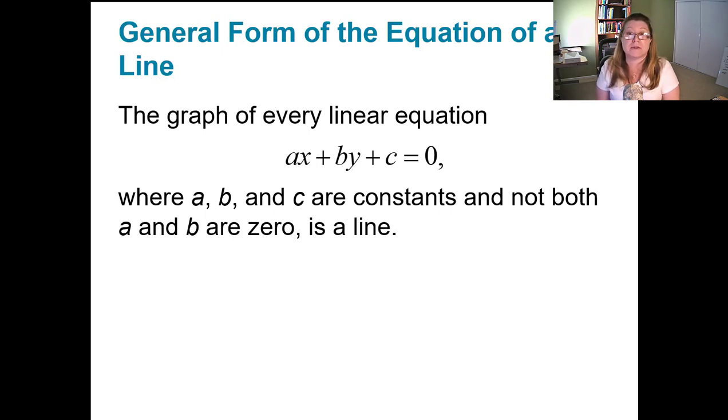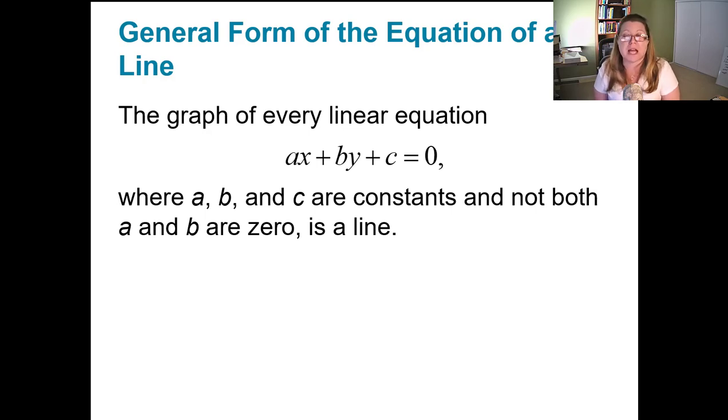If the b is 0, then you only have an x, and you have a vertical line. And if a is 0, you have a horizontal line. But you don't want both of them to be 0 at the same time, because then you just have a constant left over, and that's not good.